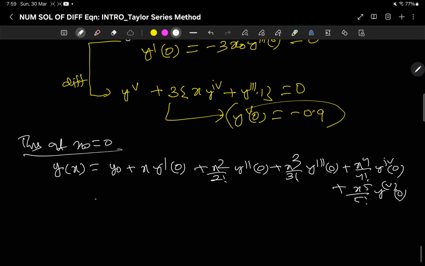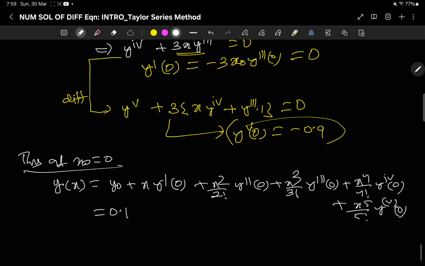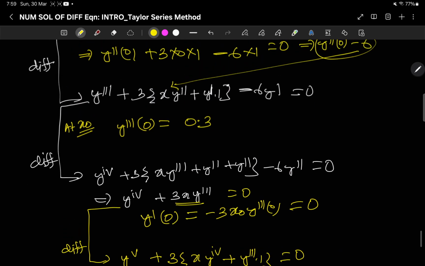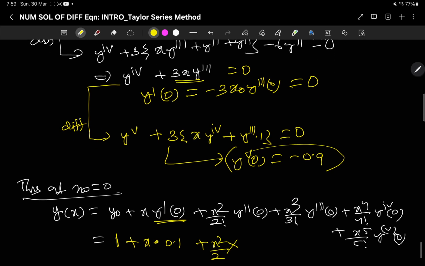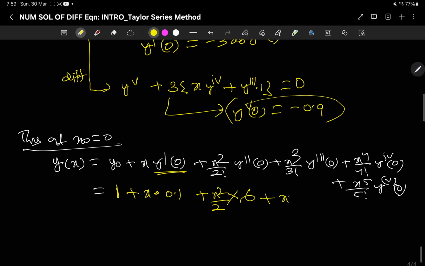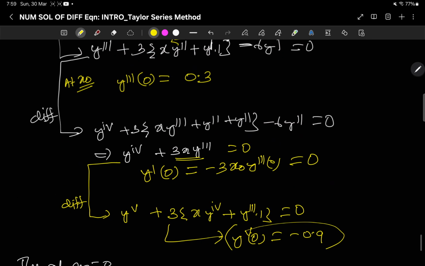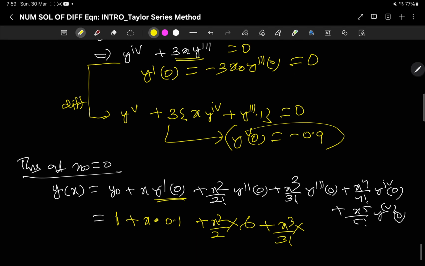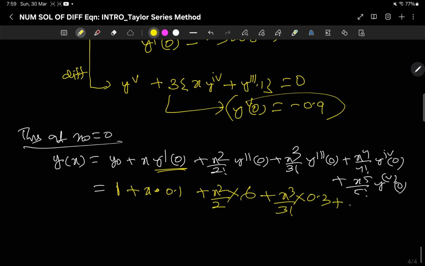I just substitute the values: y0 is 1, plus x into the value of y dash 0 which is 0.1, plus x square by 2 into y double dash 0, which is 6, plus x cube by 3 factorial y triple dash 0 which is 0.3, plus 0, plus x5 by 5 factorial, y fifth derivative is minus 0.9.